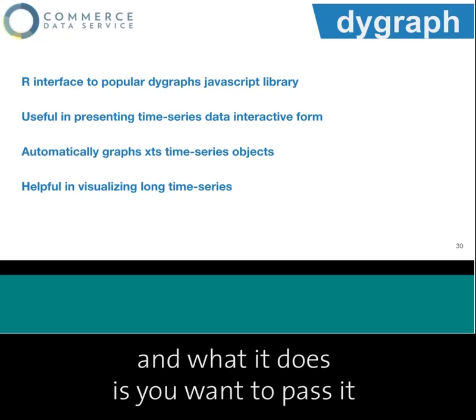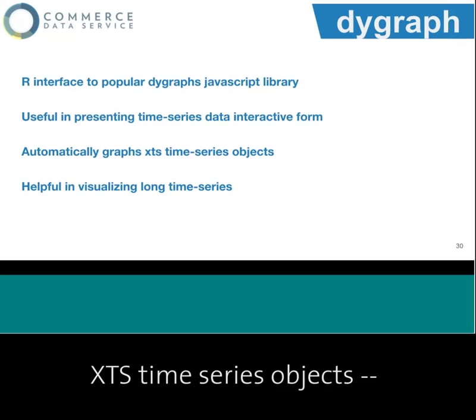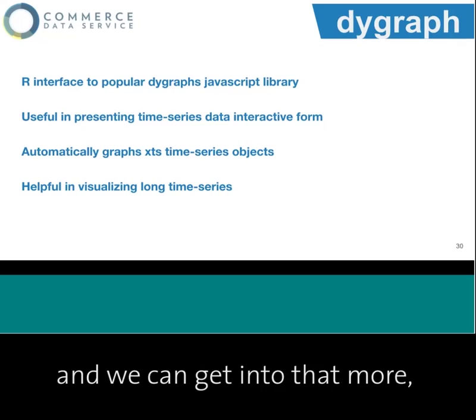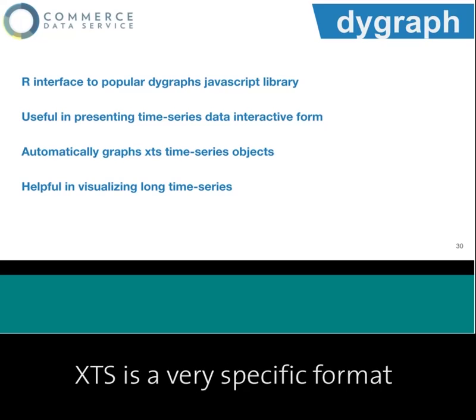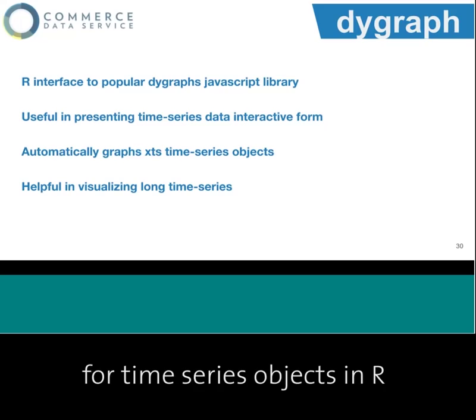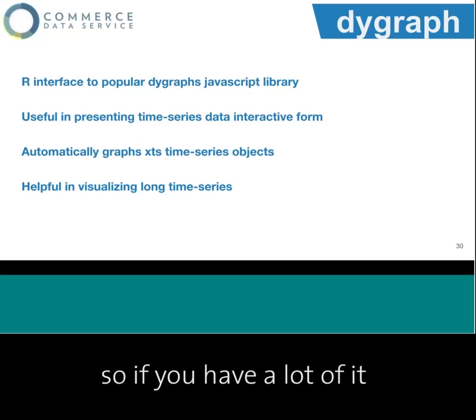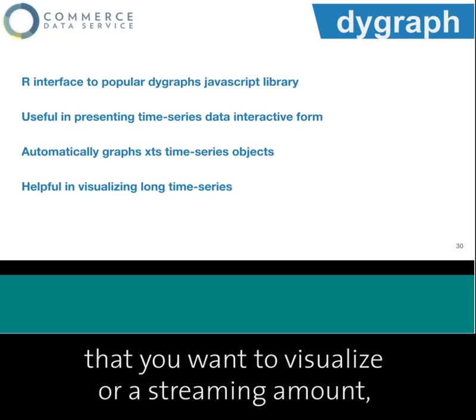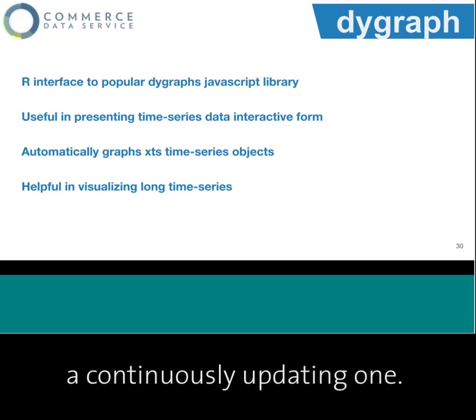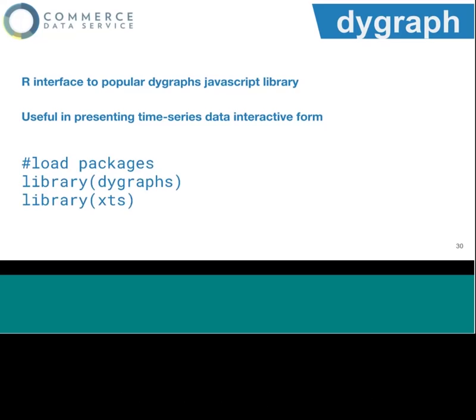What you want to do is pass it xts time series objects, and we can get into that more. xts is a very specific format for time series objects in R, and it's useful in helping visualize very long time series. So if you have a lot of data that you want to visualize, or a streaming, continuously updating one.